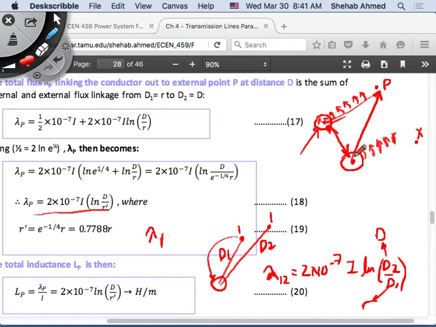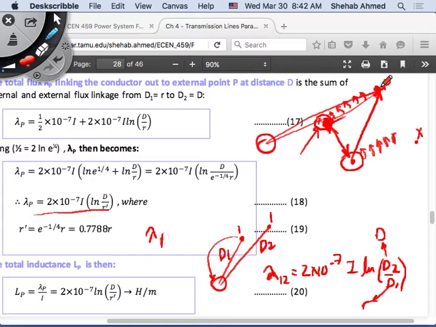So I take this new flux linkage due to this new conductor coming into the equation, but between the same 2 points, between this conductor's surface and some point P in space. And then another conductor, and its effect also on all flux linkage between this conductor's surface and some point P in space.